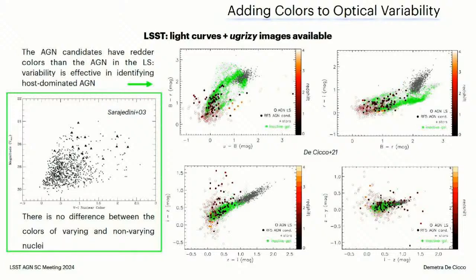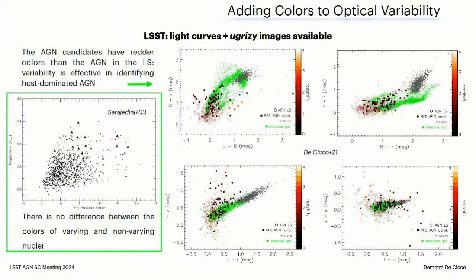What you can see is that in almost every diagram, the colors of the AGN candidates are redder than the colors of the label set, and they tend to be the same color as galaxies, the green here. So essentially, what I'm trying to say is that if you use colors alone, you will miss those AGN where there is an important component of light coming from the host galaxy, while when you use optical variability, you don't miss them.